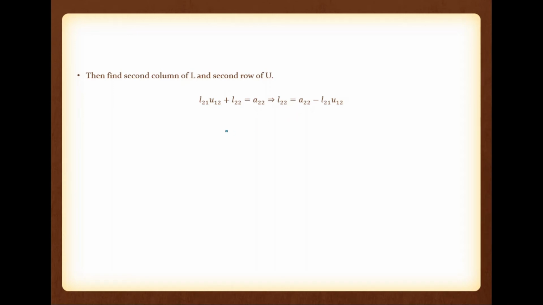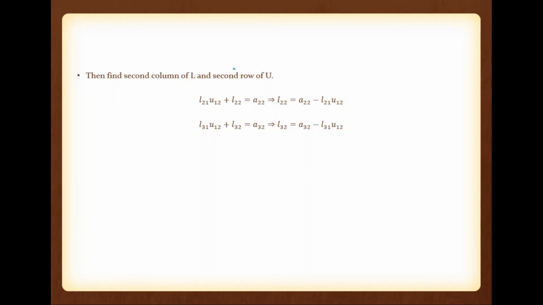Now what is the next element of second column of A? That is A32. So that is third row of L into second column of U. So that is L31 into U12 plus L32, that is equal to A32. So it will give L32, that is equal to A32 minus L31 into U12.